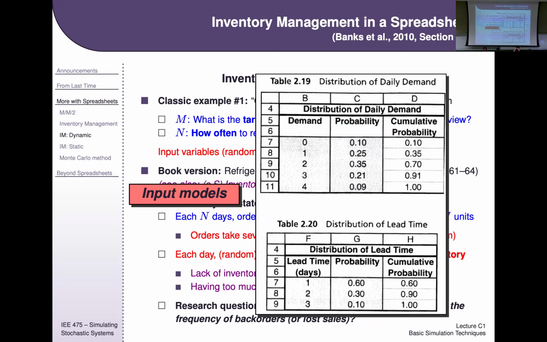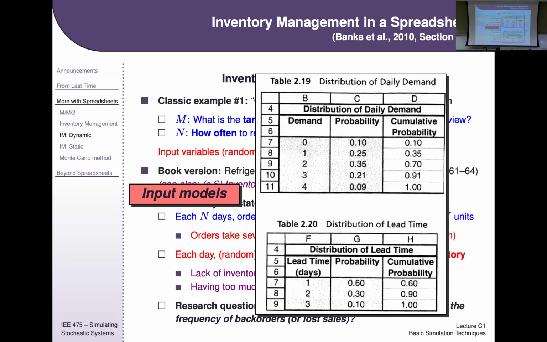So the first thing we do in any one of these models is do our input modeling. So I just said what the two big inputs were, the two big random variables. These are the random variables that we have before we start the sim. We can look at statistics of historical data, and we can say that up here, this is our demand distribution.